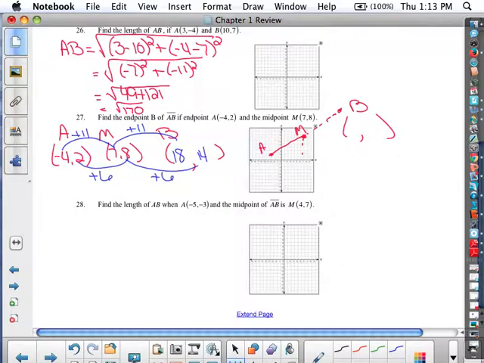28 says find the length of AB when A is at -5, -3, and the midpoint of AB is at 4, 7. And this is one that just requires you to think a little bit.